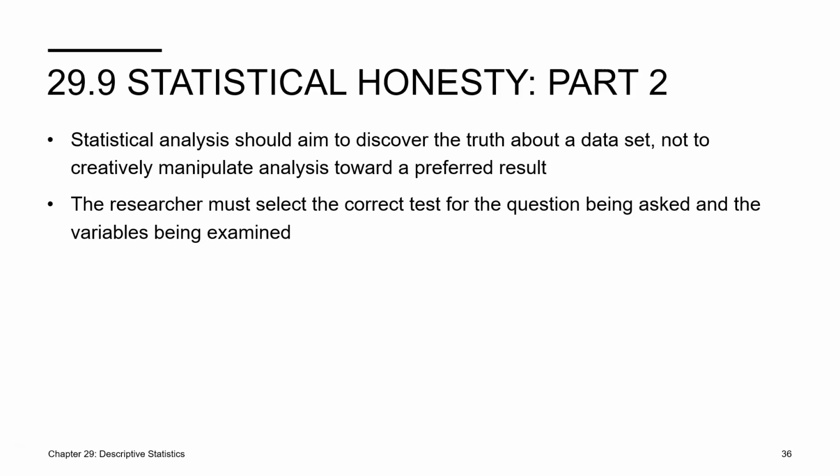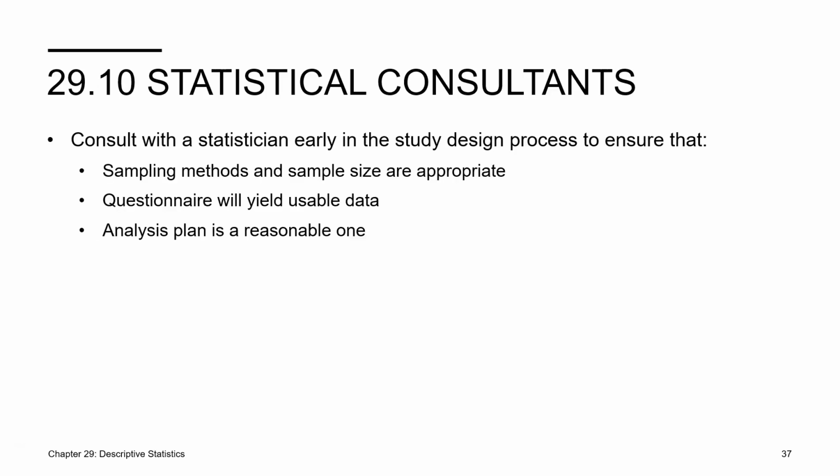Sometimes it's okay to do further analysis, but you don't want to constantly fish to try and find something that's statistically significant, just so that you have that p-value or confidence interval that shows a valid result. So that is why it's important to have statistical consultation.